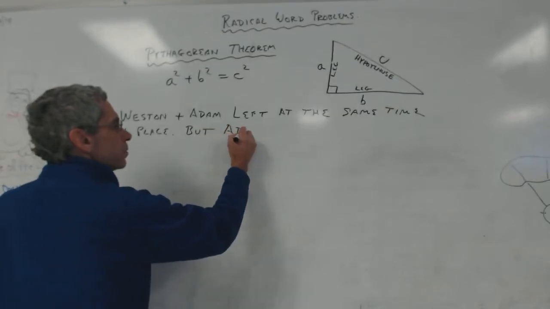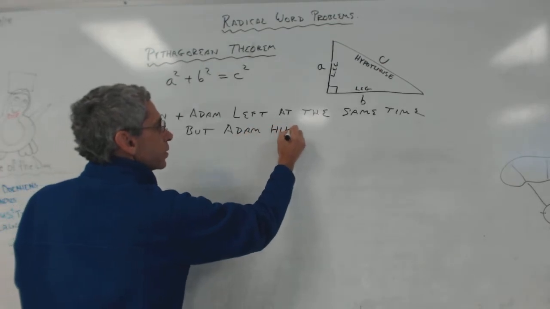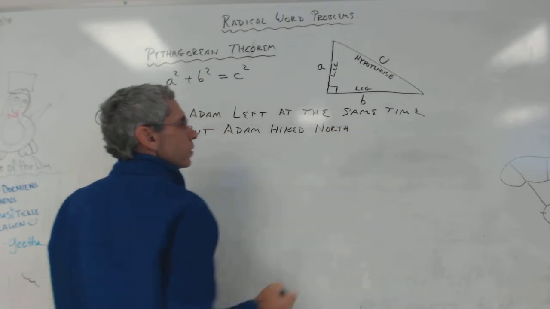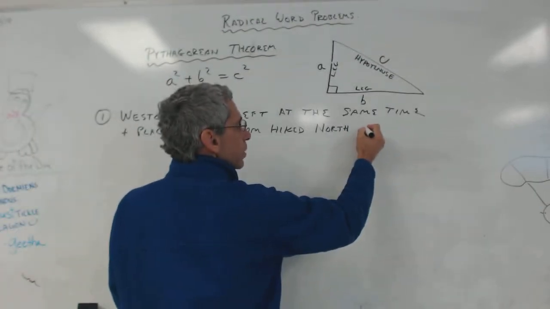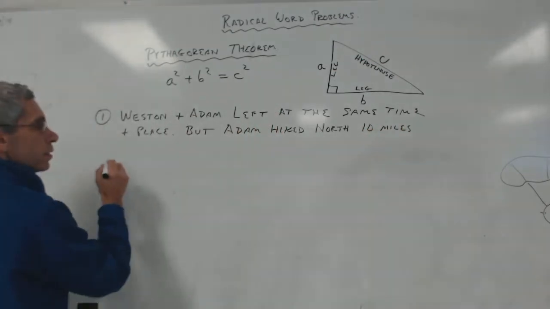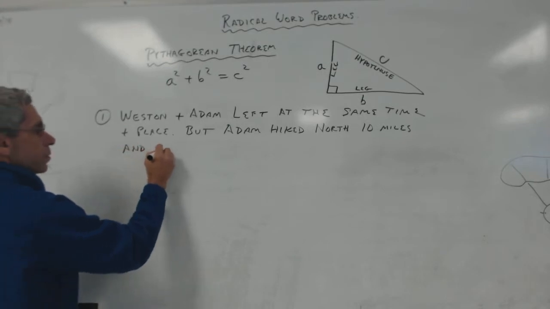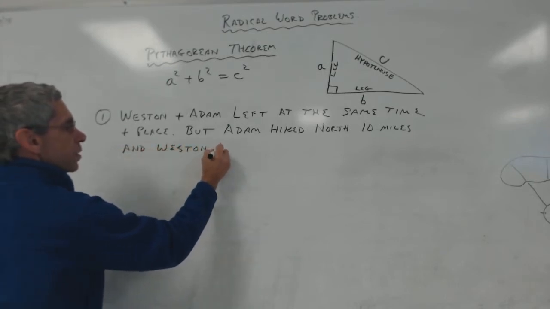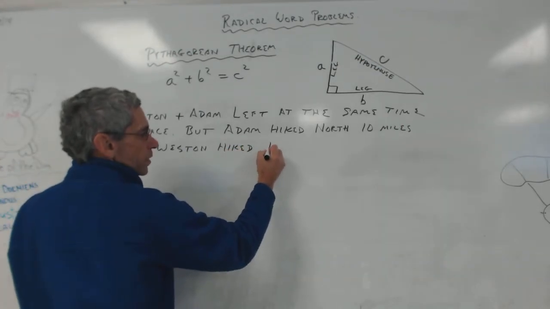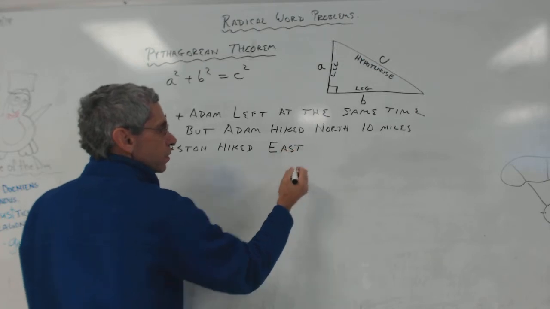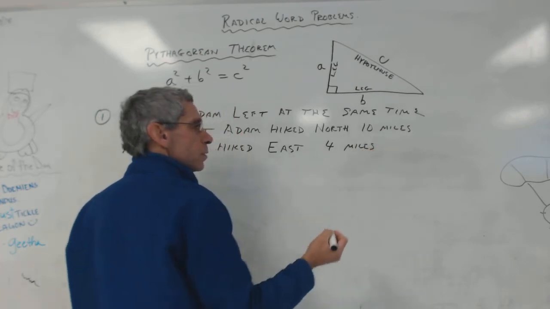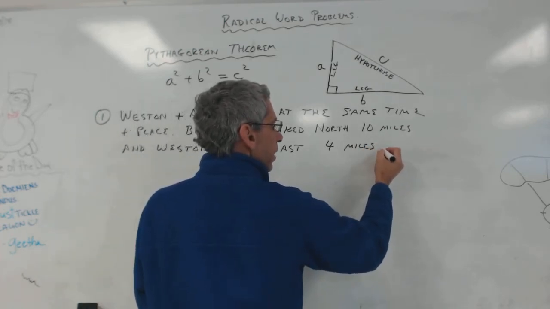But Adam hiked north 10 miles, and Weston hiked, say, east 4 miles. Okay.